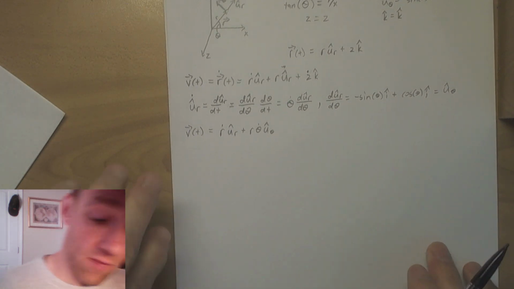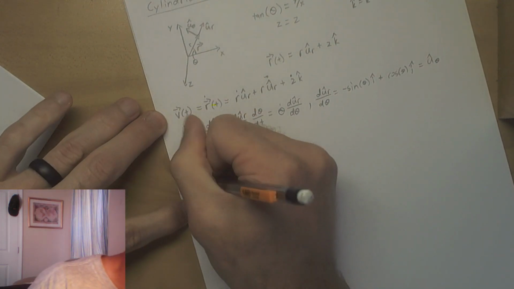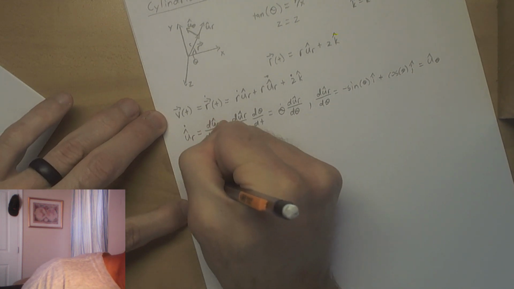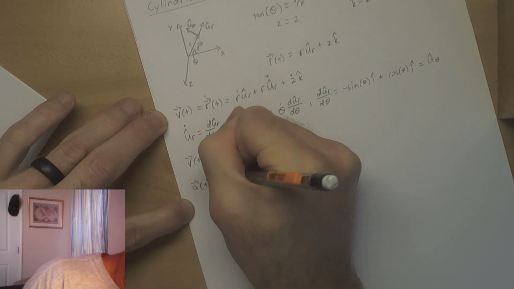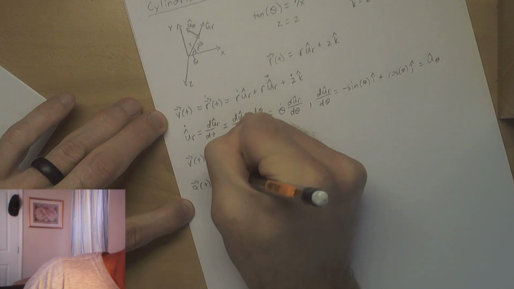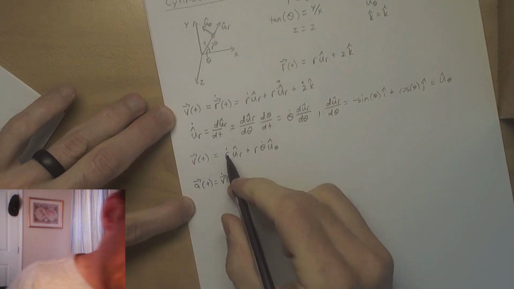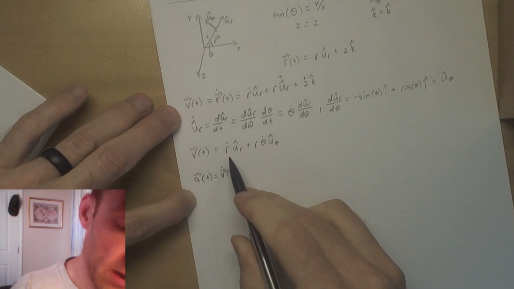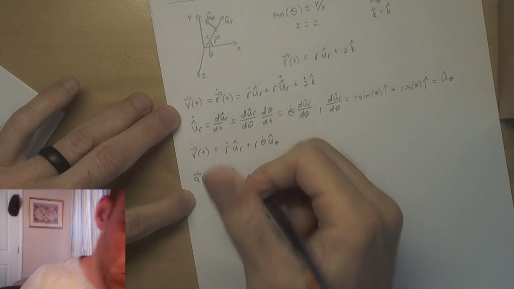Now likewise, we do have to do a similar thing for the acceleration. So the acceleration is just the time derivative of the velocity. And so we're going to calculate component by component here.